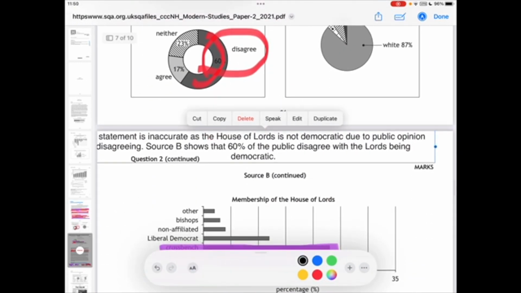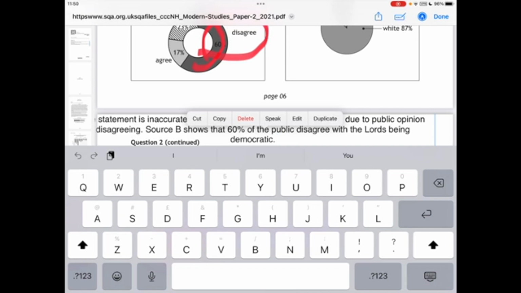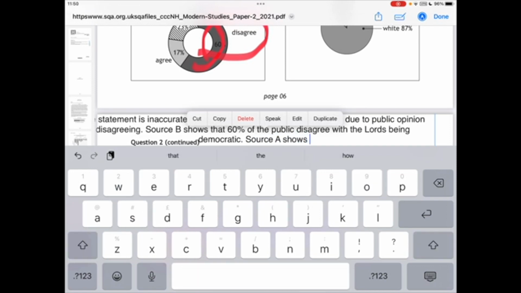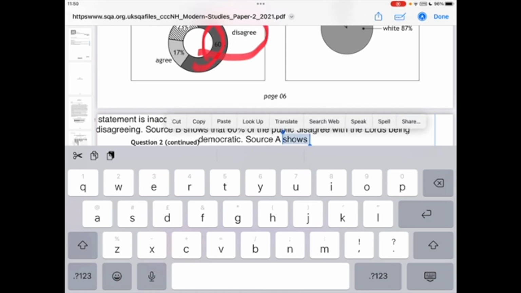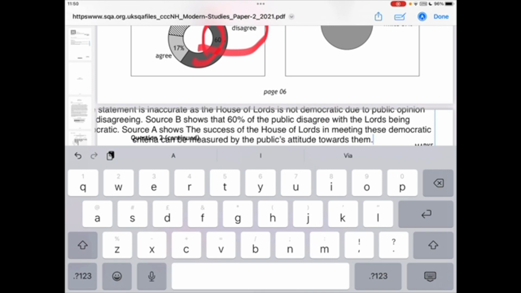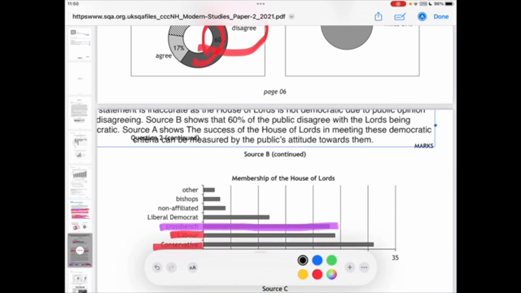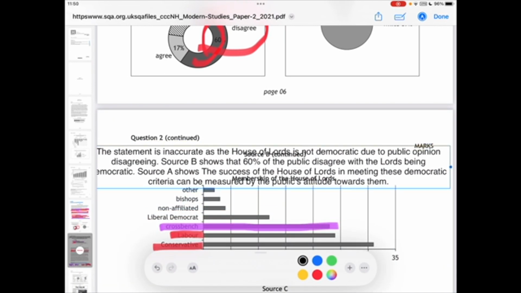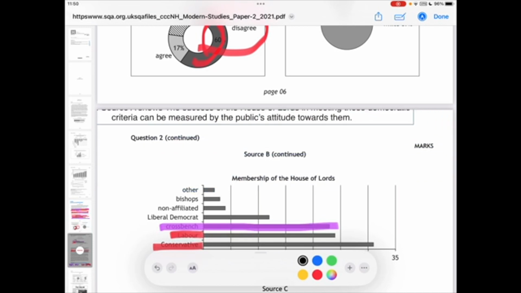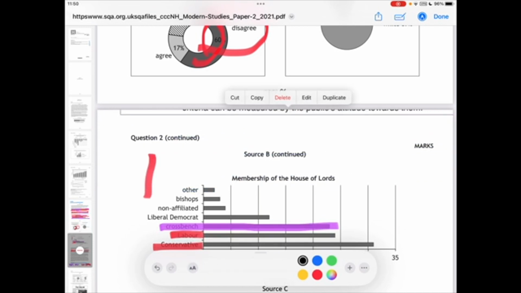Let's go back to our answer. Source A shows, and we will paste that in. Right, let's just go up to, oh, we can't do that.